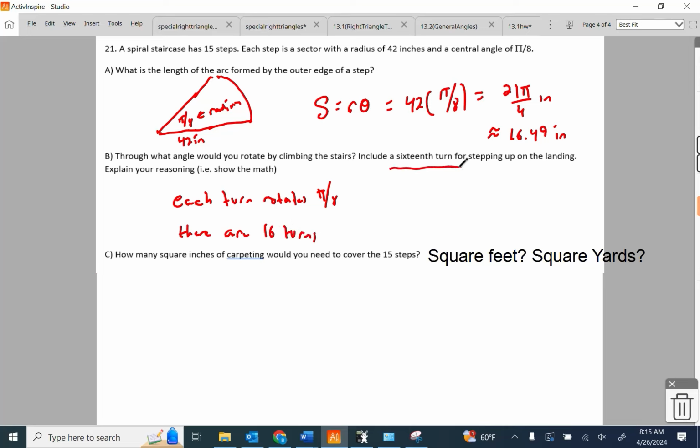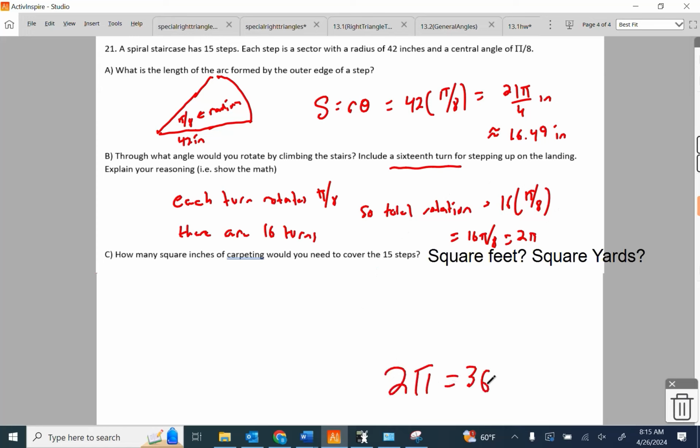So you can see include a 16th turn. So the total rotation is equal to 16 of these pi over 8s, which is 16 pi over 8, which is 2 pi. And 2 pi is 360 degrees.